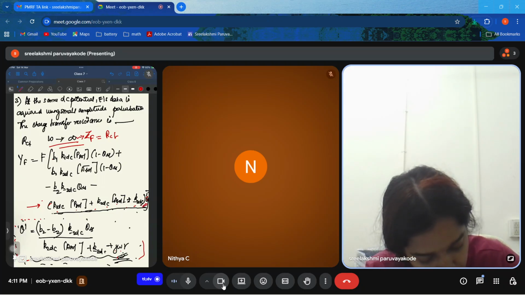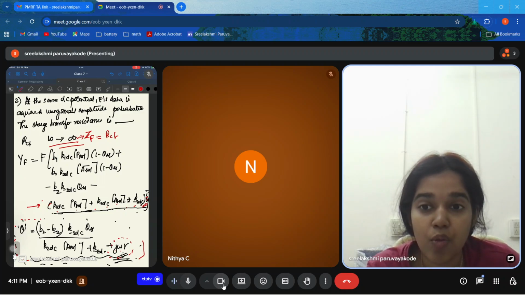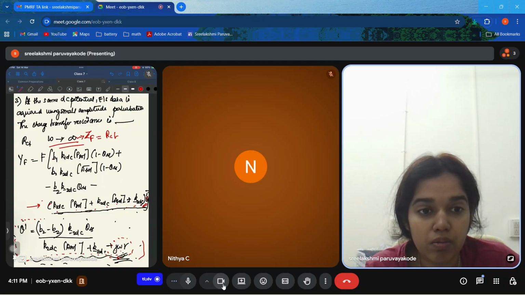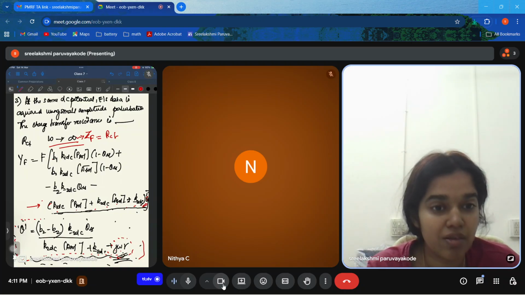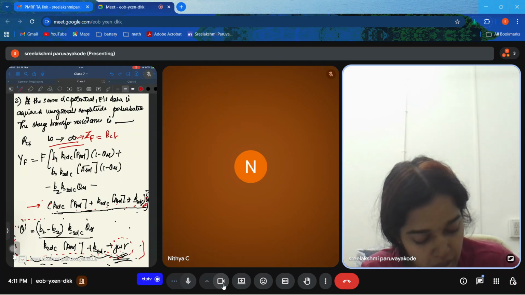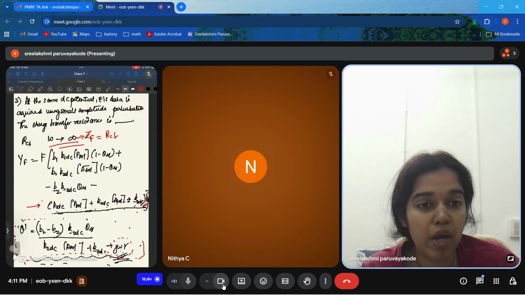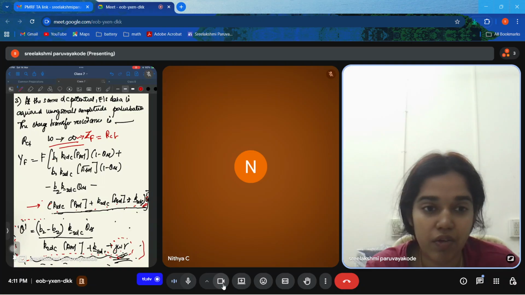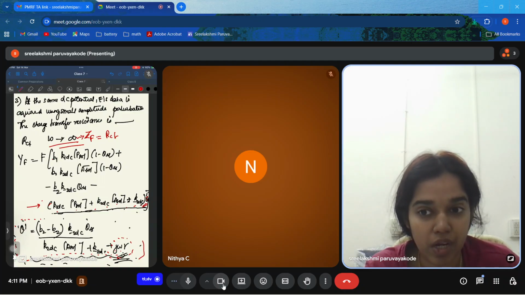Theta dash has a j omega gamma in the denominator, and omega tends to infinity, so the entire denominator becomes a very large value. Something divided by infinity, any value divided by infinity, you can say it is 0.